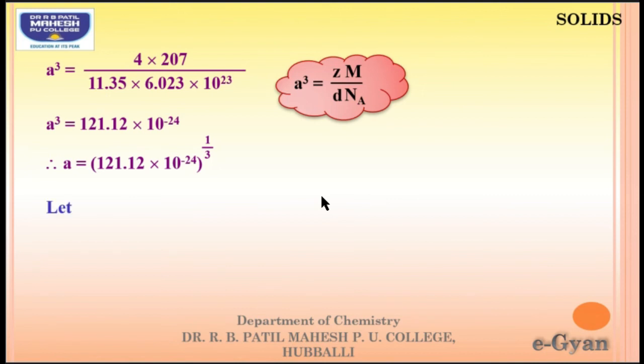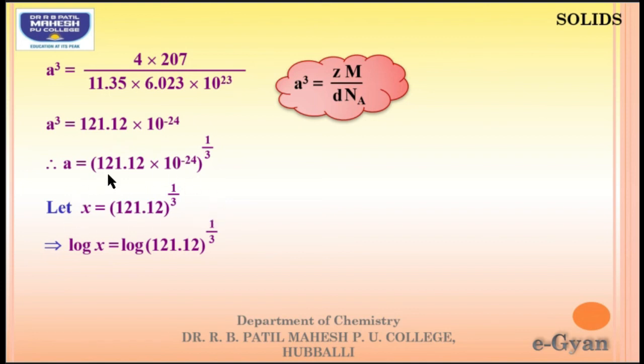So a is equal to 121.12 to the power 1 by 3. I have taken only the first half because the second half I know: 10 to the power of minus 24 to the power 1 by 3 is equal to 10 to the power of minus 8. I want to calculate only this part.